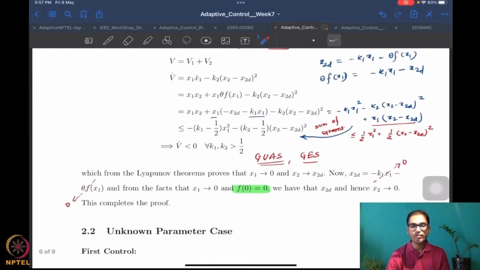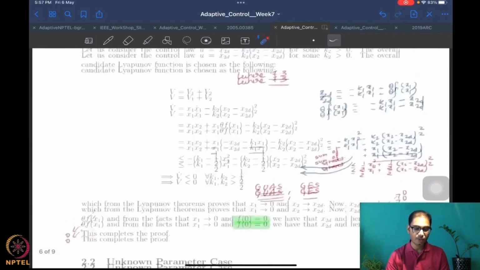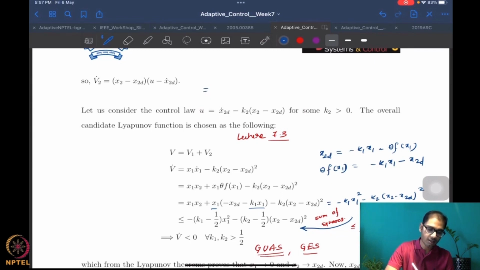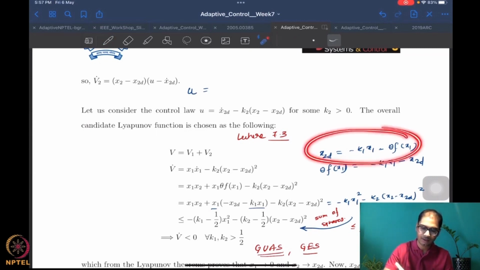And so we've been able to prove it for the known case with this kind of control law. Now one of the questions that also arises is, what does this control law look like? Because there is an x2 desired dot, so you essentially have to take a derivative here. Using this expression, take a derivative.